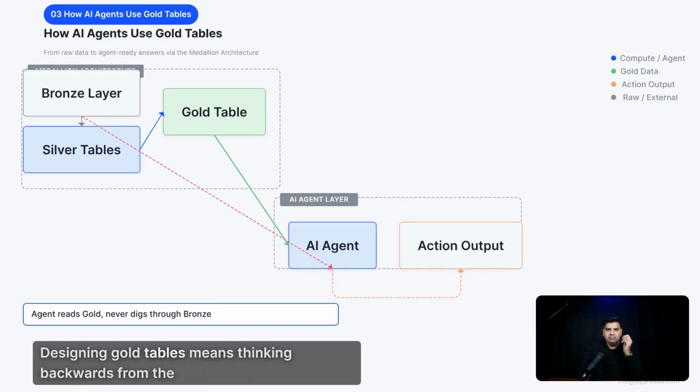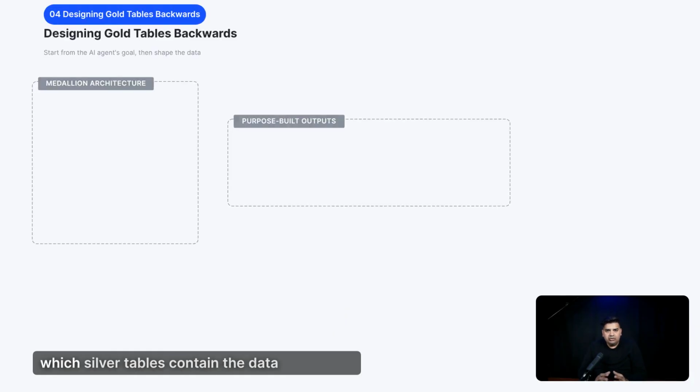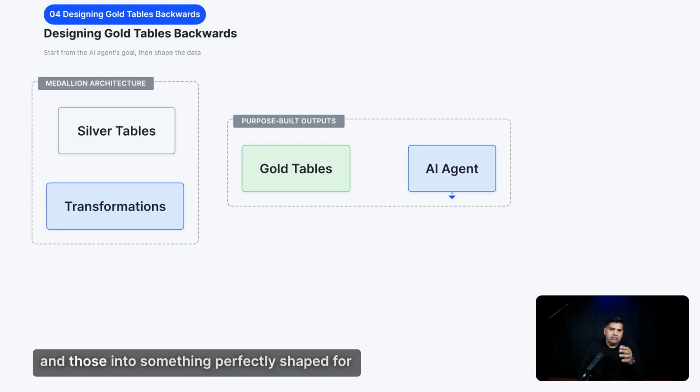Designing gold tables means thinking backwards from the use case. You start by asking, what does the AI agent need to accomplish? Then figure out which silver tables contain the relevant data and write transformations in Databricks that join, filter, and summarize those tables into something perfectly shaped for that task.